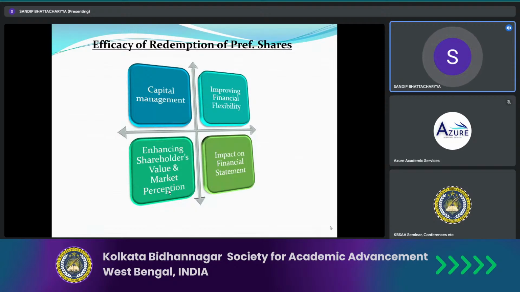So it is a strategic tool, a policy, a strategy-making framework of the company that the company must use to optimize its capital structure. Company can enhance its financial flexibility. Company can comply with the regulatory requirements. So these are the main efficacy of the redemption of preference shares.